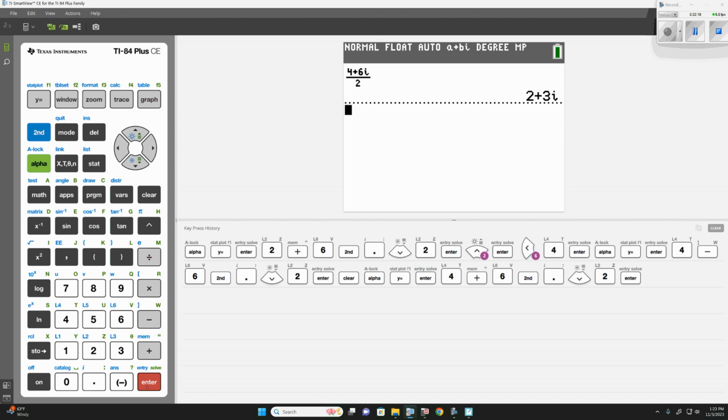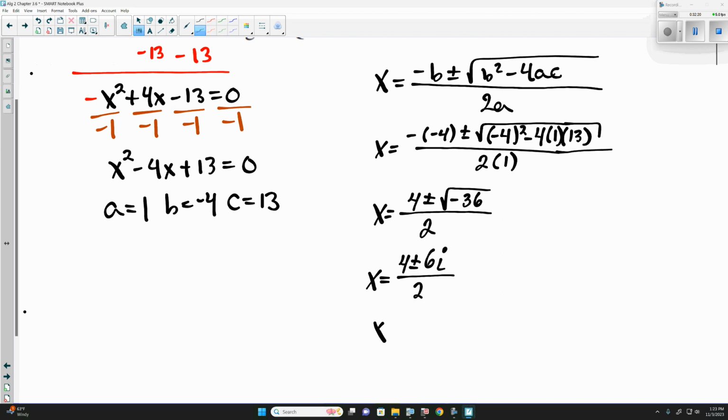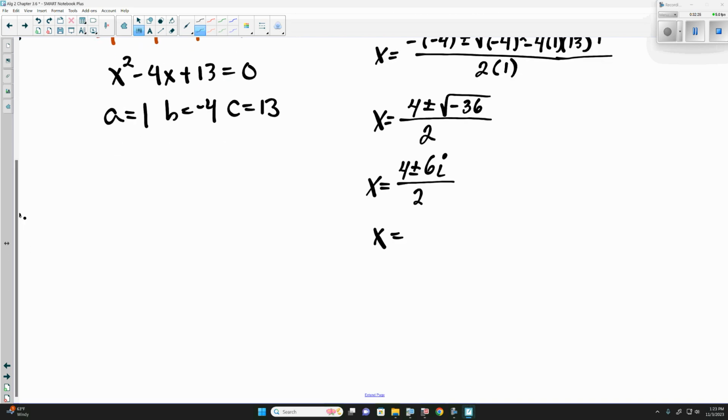So we have 2 plus 3i. But we also have the negative case, so we're really saying 2 plus or minus 3i. Since both the 4 and 6 were divisible by 2, we really divided both by 2, getting us 2 plus or minus 3i.